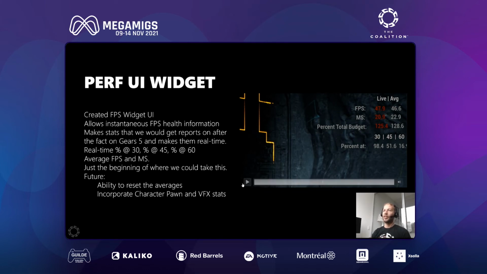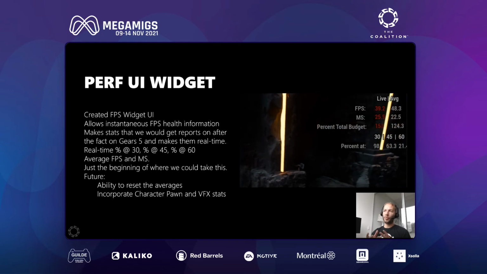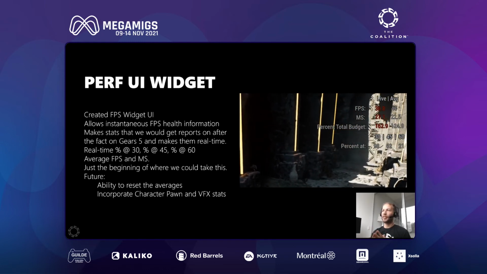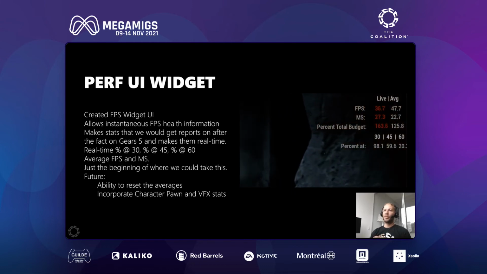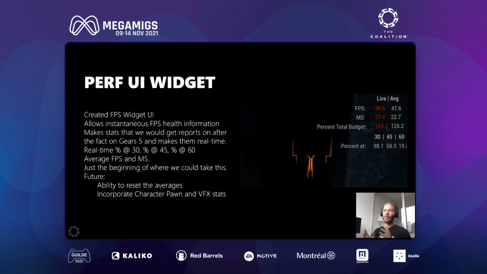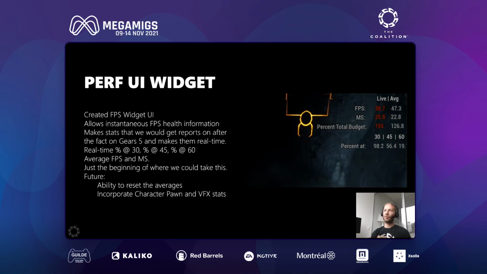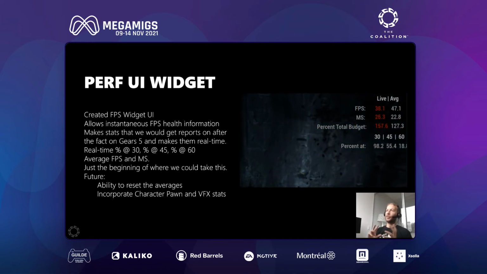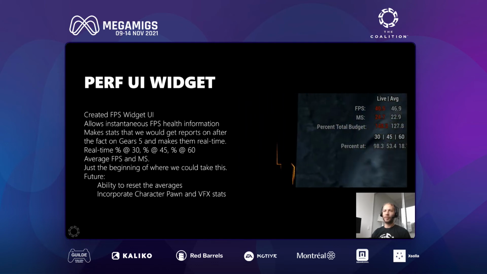You can see those are updating here in the video live. So I'm 21% at 60 FPS in this case, or 62% at 45 FPS. So this is kind of fun. We'll see how we deploy this at scale, but it really shows the power of what you can do with the widget UI and hooking into the rendering systems.